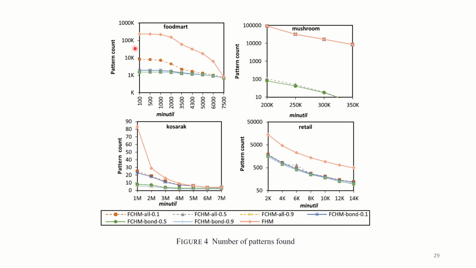And this is the count of high utility item sets, and you can see that their previous algorithm finds more high utility item sets than their newer one.